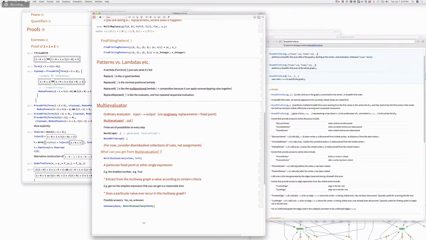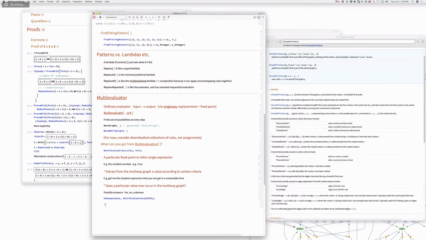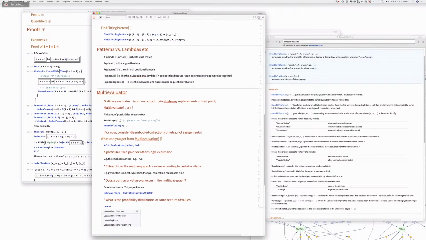Another question you could ask here is, what is the probability distribution of values of some feature of values? That's analogous to a learned distribution, which returns a distribution from which you can then do things.